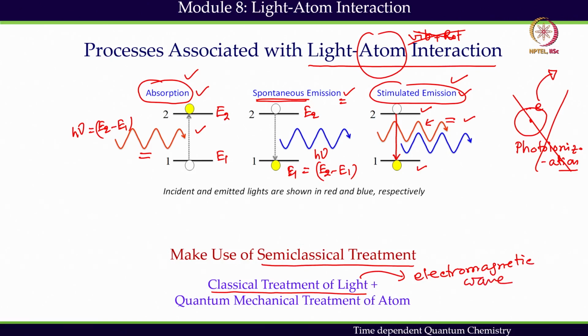And this classical light will be interacting with a quantum mechanical atom. So, the atom will be treated quantum mechanically, and light would be treated classically. That's why the name semi-classical comes in.